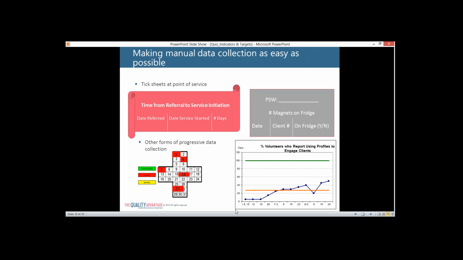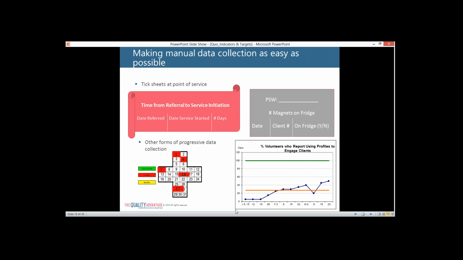Another couple of examples: the one on the bottom left is called a safety cross, and this can be used for any kind of critical incident. Essentially the cross includes the days of the month, and this can be up on a wall in a team room. If we use falls as an example, if there's a fall on a particular day, the square is colored in red.